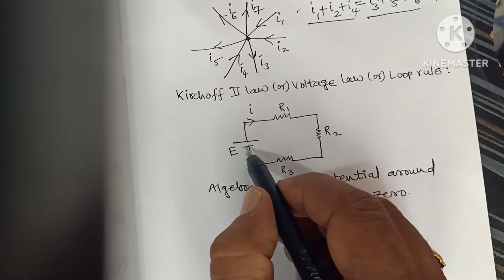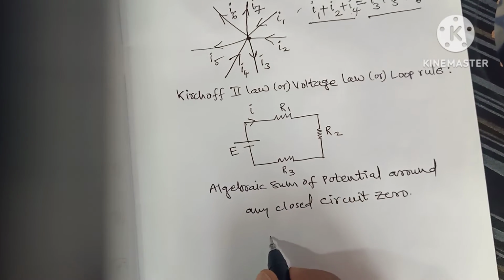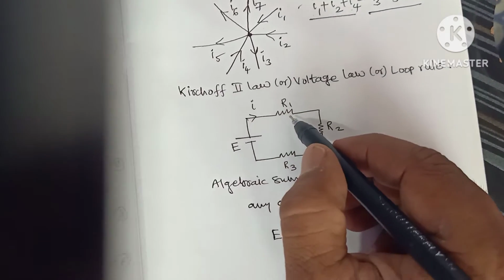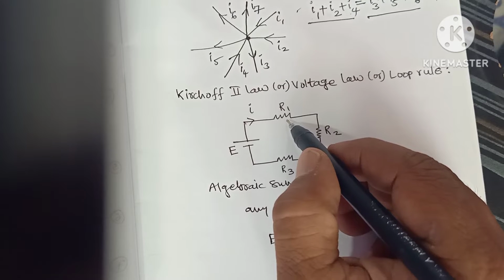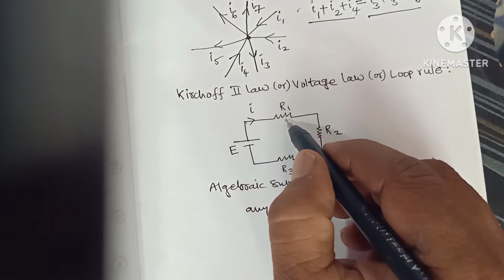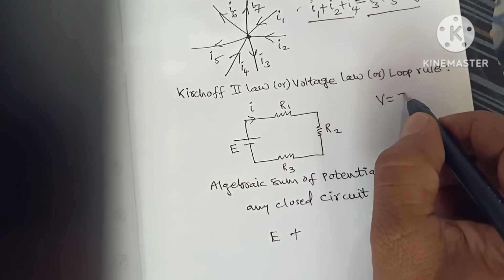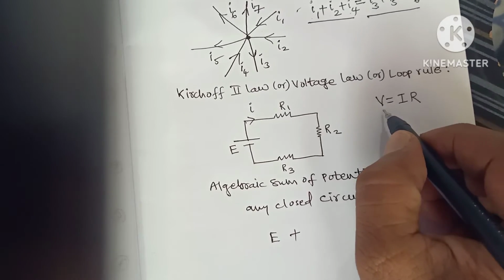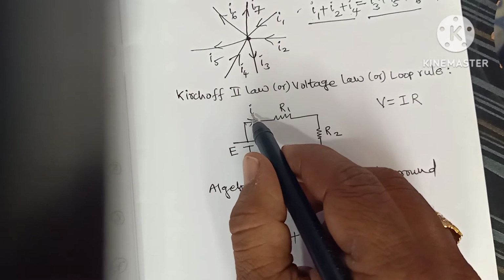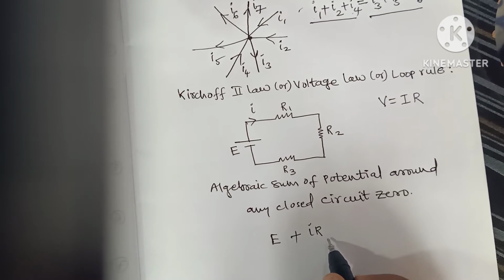Here we have a battery in the circuit, whose potential difference is E. So we write E. Now plus, we have a resistor here, there will be a potential difference equal to the product of current flowing through the resistor and the resistance. According to Ohm's law, V is equal to IR. So the voltage across this resistor can be written as I R1.